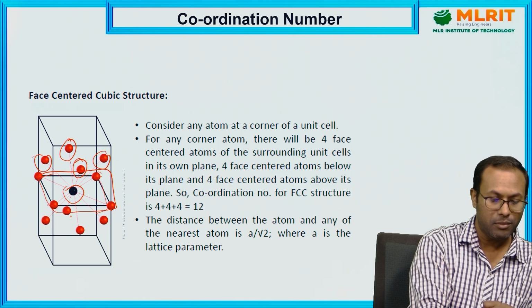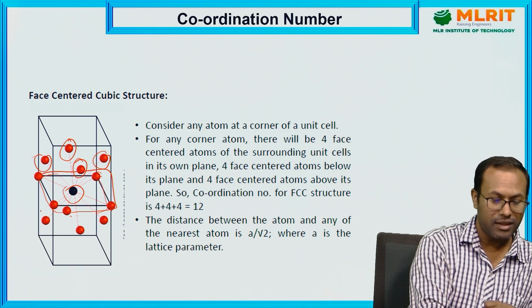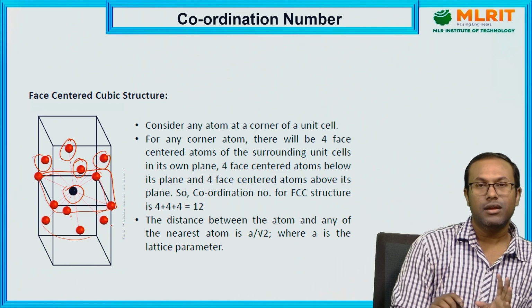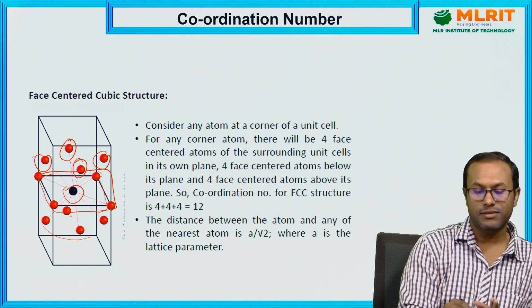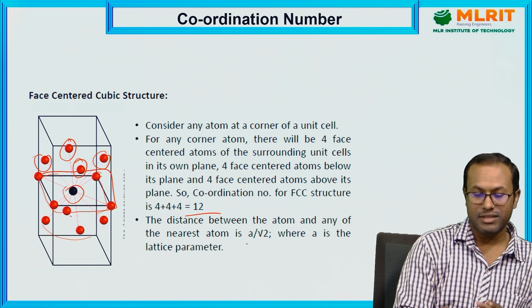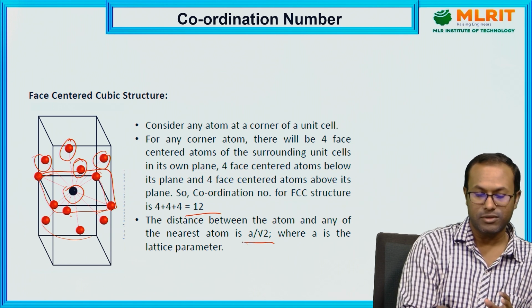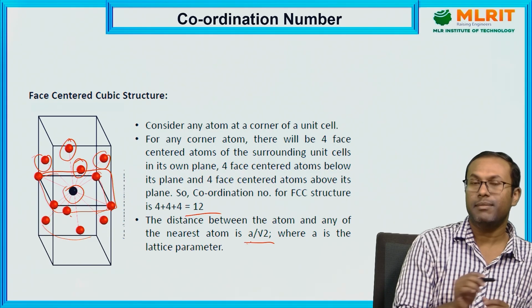Then in the bottom cube there are another 4 side wall atoms. So the total coordination number for FCC is 12, and the distance from this black atom to any corner atom or any side wall atom is a by root 2.